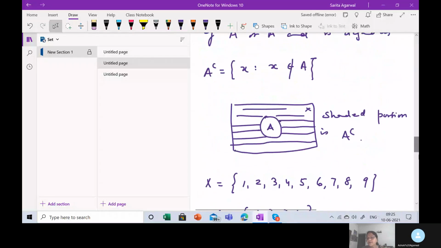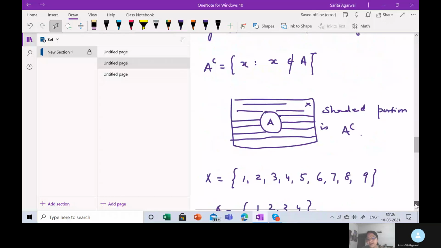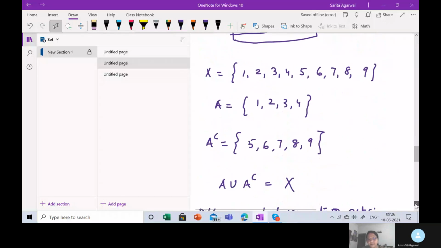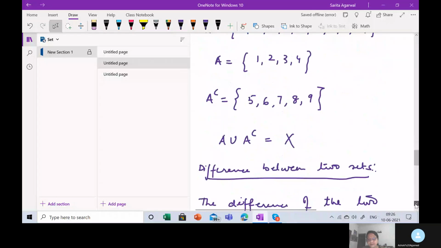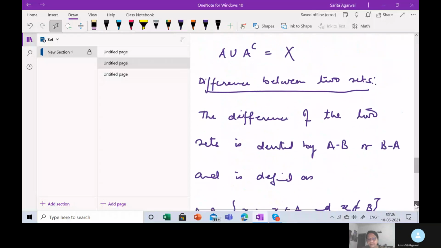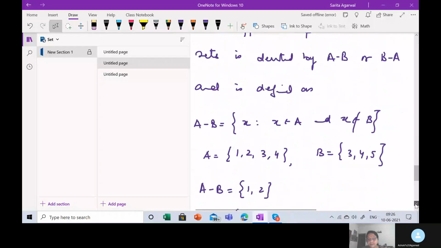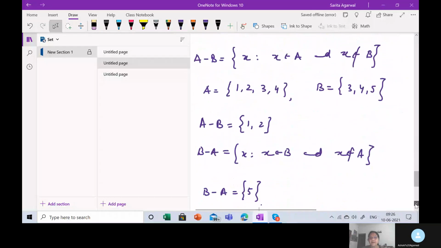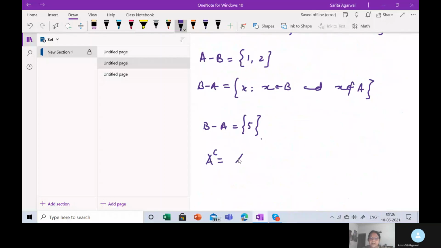So that means we can write this complement as the universal set minus A, meaning x belongs to the universal set X and x does not belong to A. This is the universal set.